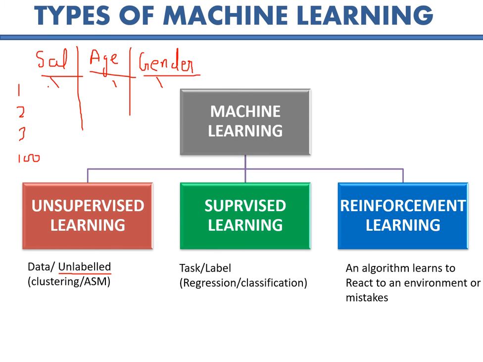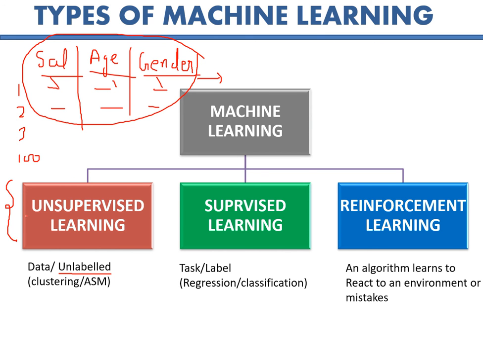I have such entries for 100 customers. Okay, what can I do? Based on the similar features, I can divide my customers in, let's say, 4 or 5 groups, and based on those groups I can offer them some plan, or maybe I can give them some discount, to attract them. Okay, so these types of things are done under unsupervised machine learning.